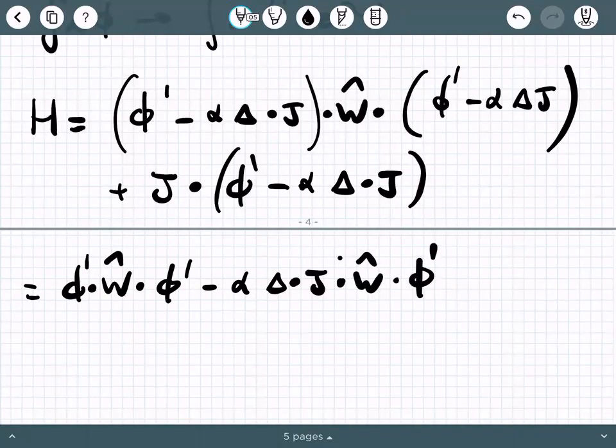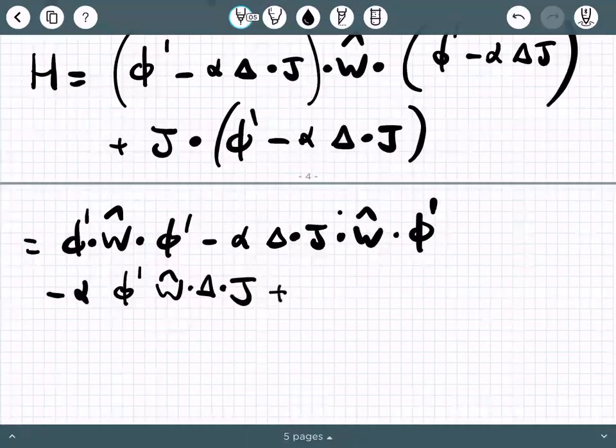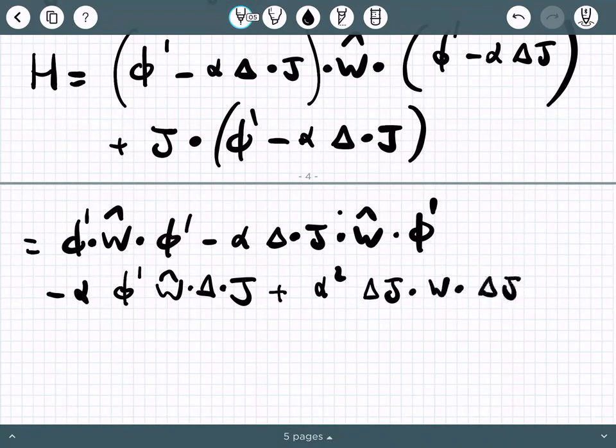I will get negative alpha phi prime W delta J, and I will get alpha squared delta J dot W dot delta J. If you get confused with all this notation, you can write your integrals explicitly.